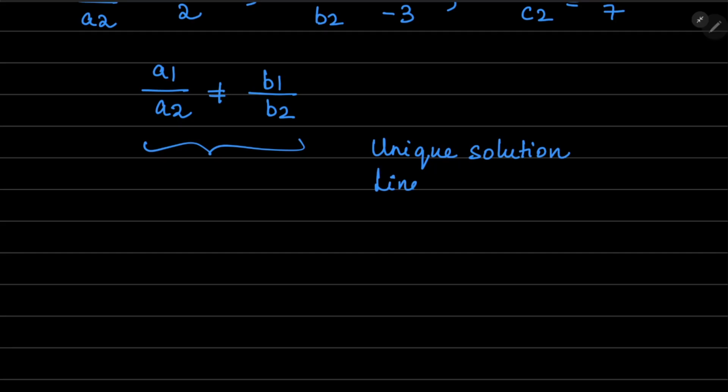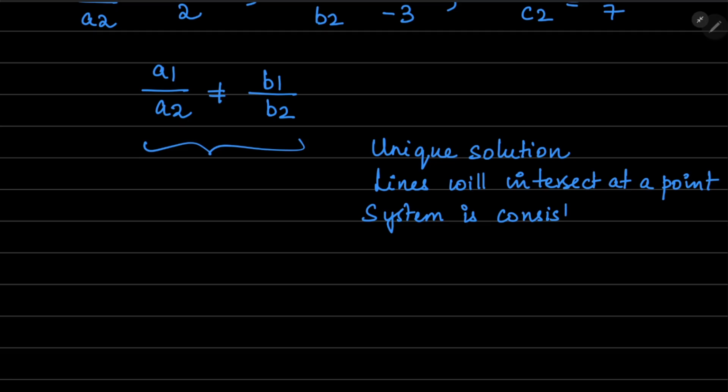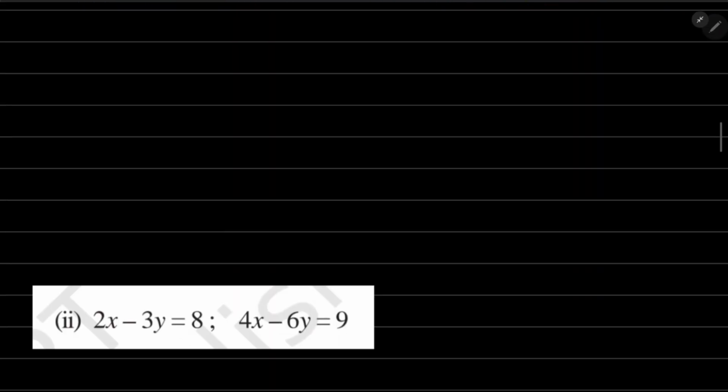The lines will intersect at one point. This is just for your knowledge. And the system is said to be consistent. This is something which you have to remember, all the three. This is your answer. Let's move on to the next question.